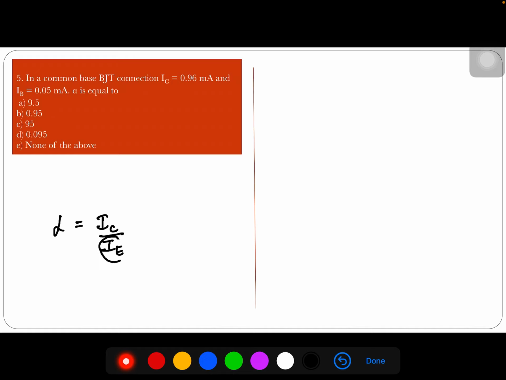So you need to calculate IE. Whenever in a question you are given two currents, see, a transistor has three currents for the three terminals, IB, IC and IE. If you are given any two currents, you can easily calculate the third one by using the transistor current equation, which is IE is equal to IC plus IB.